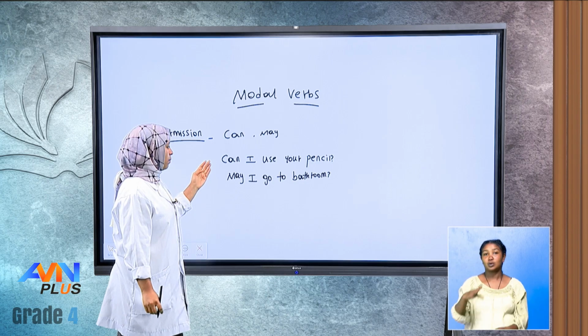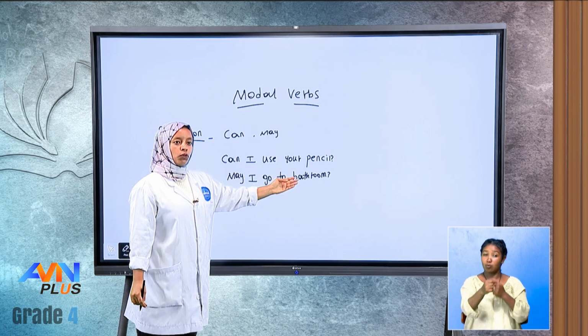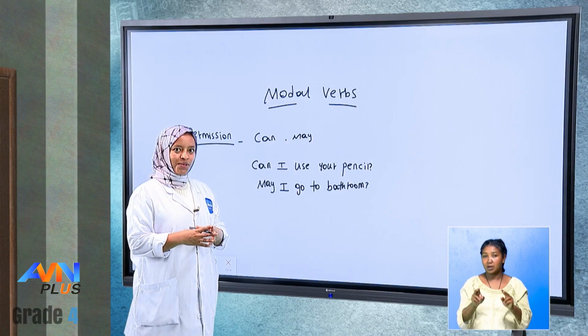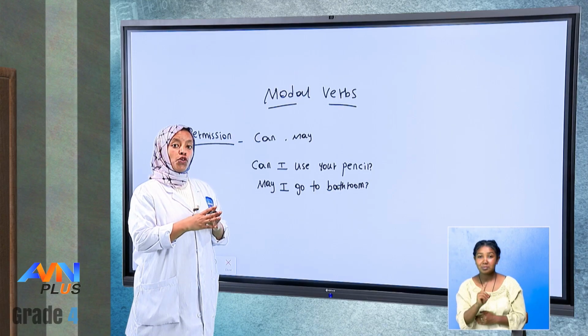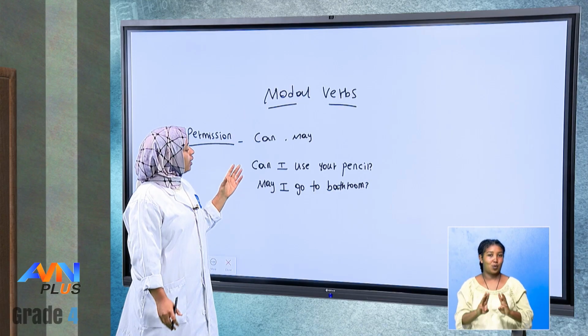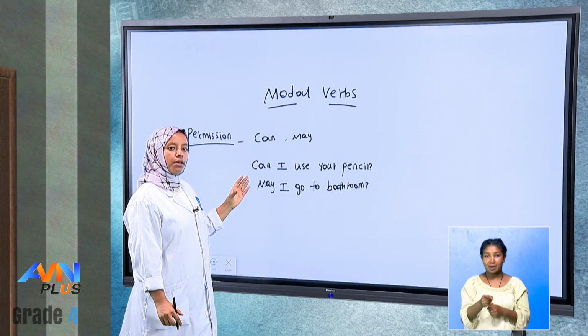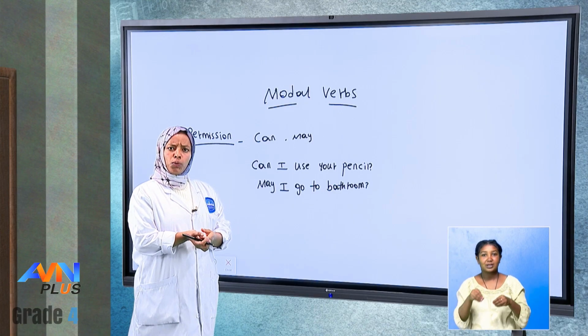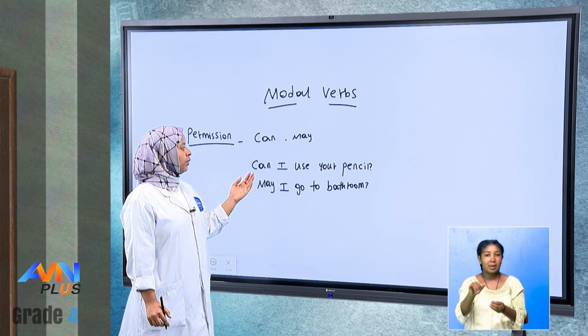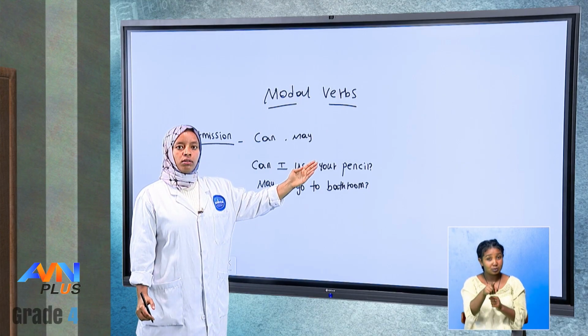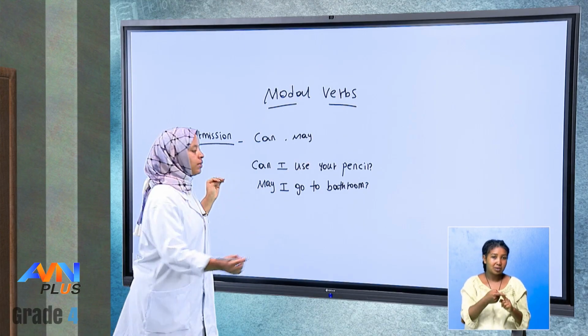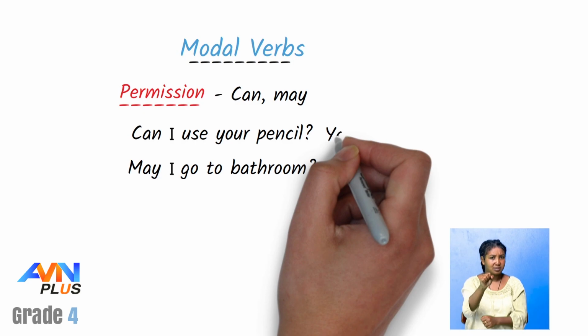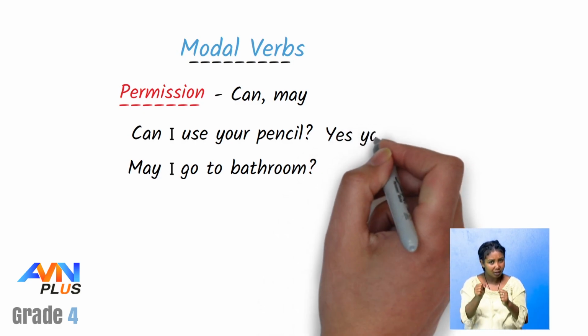Look, students, may I go to the bathroom is a very polite and formal way. When we say can and may, we can give permission with them too. For example, can I use your pencil? Maybe your friend says, yes, you can.